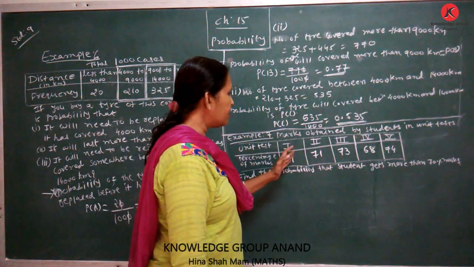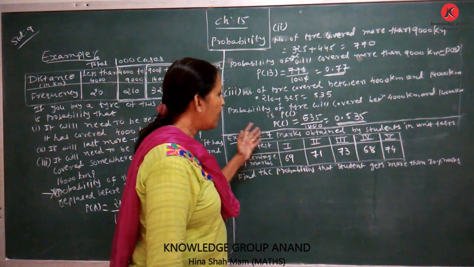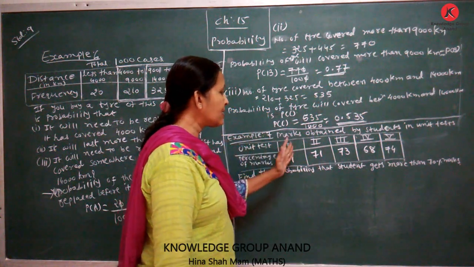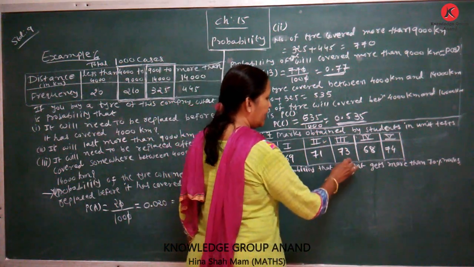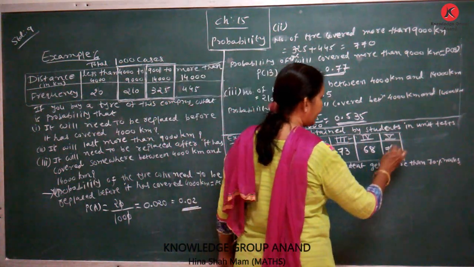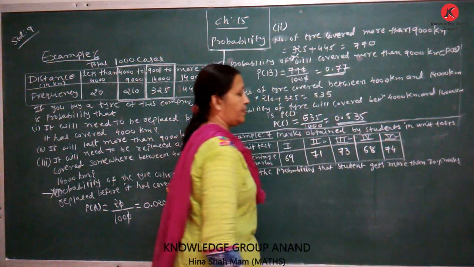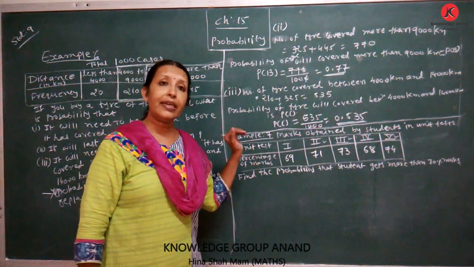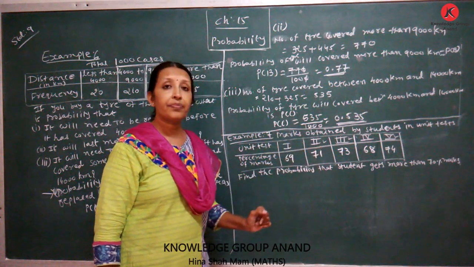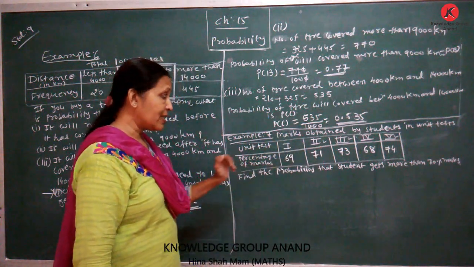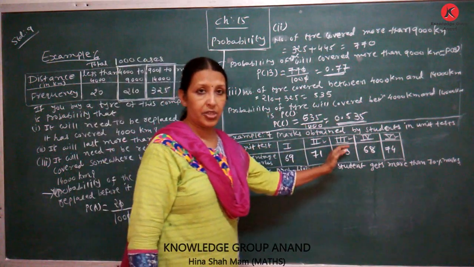We observe the table. The percentage of marks is more than 70% in the second test, in the third test and in the fifth. How many tests did the student get more than 70% in? In 3 tests.